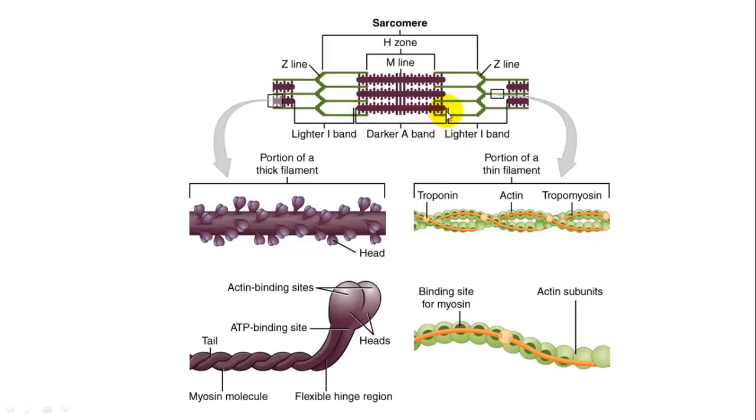And then the I band is from one end of the myosin to the next, or the area where you only have actin. Okay, and then from Z line to Z line, that is the sarcomere. Now, on each of these, you also have actin, you have troponin and tropomyosin, which we'll talk about in a second, and then these myosin heads.